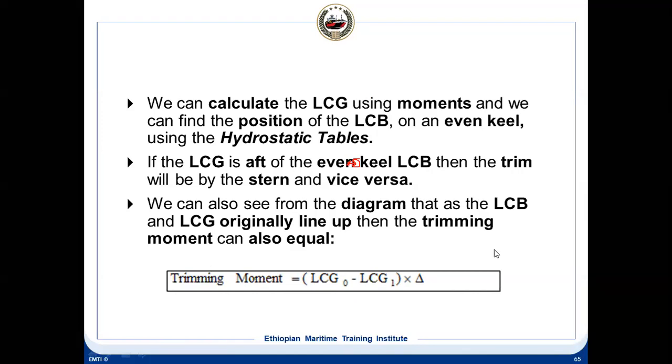But based on how the numerical is given to you, you have to see what the available data is, how much trimming moment you need to find to calculate the trim, and you need to know the mass and TPC to calculate the bodily sinkage or the bodily rise. So these three formulas we can use.